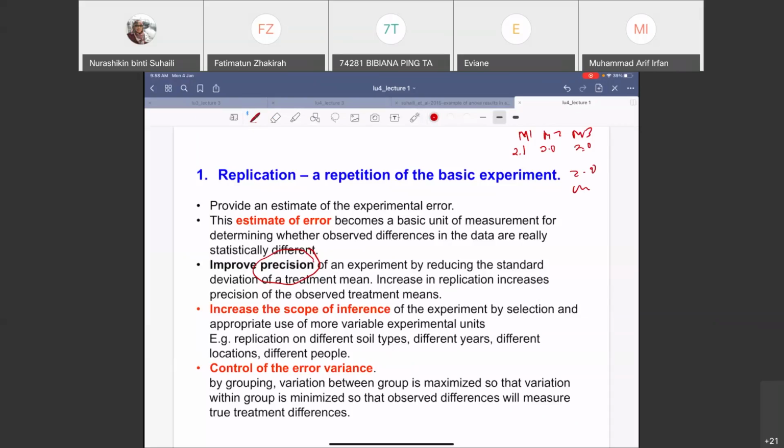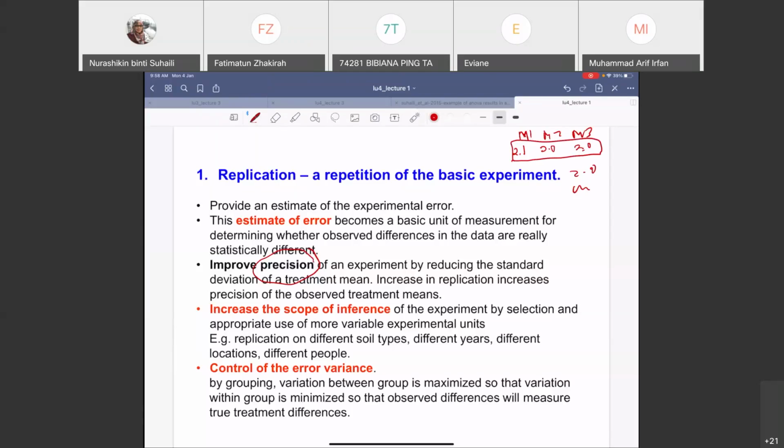It's the same thing if you take many samples, right? It will increase the confidence about the data. Of course, the errors and the variation will be there, but if you take the average values, it will normalize and can represent all the things. So it will improve the precision. This is an example of precision.